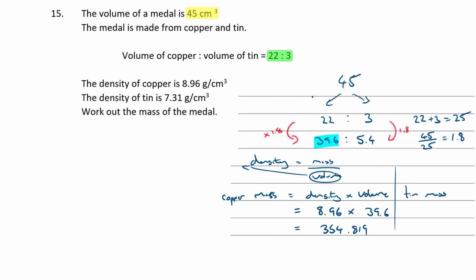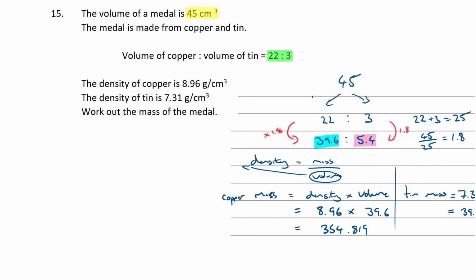So my density of 7.31 grams per cubic centimeter multiplied by my 5.4 cubic centimeters of tin. What's that going to give me? 7.31 times 5.4. It's going to give me 39.474.